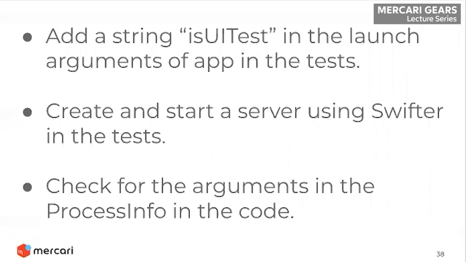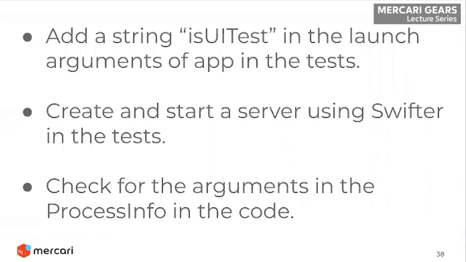Then, in the tests file itself, you will create and start a server using the Swifter library, as I mentioned. It's very simple. I included it using Carthage. I created a very basic server on localhost, and I start that server as soon as I start running the UI test. So when you run the UI test, the first thing that happens is my server is getting started up and running.